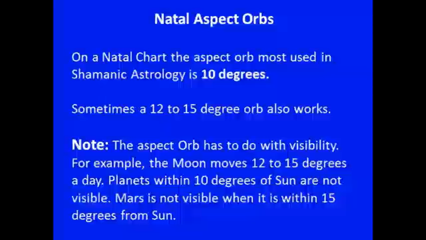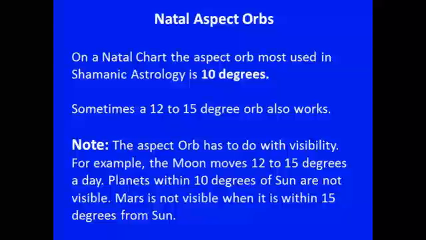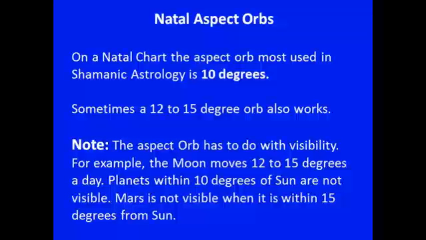I think it's probably best to just practice with the 10 degree because it's easy if you're just practicing. But the reason we use the 10 degree orb is because it has to do with visibility. So for example, if you see the moon within 10 degrees of another planet, they look like they're together.